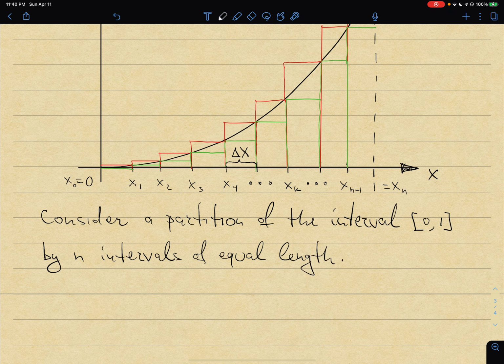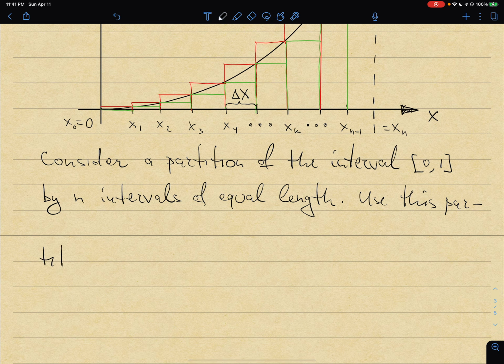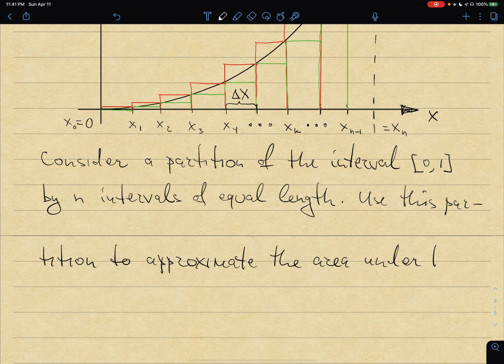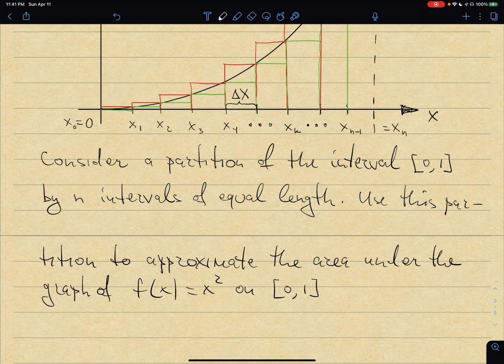So we're going to use this partition to approximate the area under the graph of f of x equal to x squared on the interval from 0 to 1.